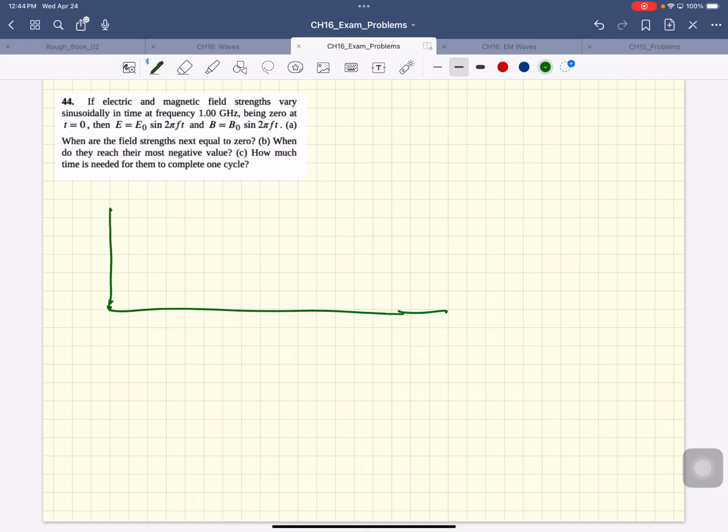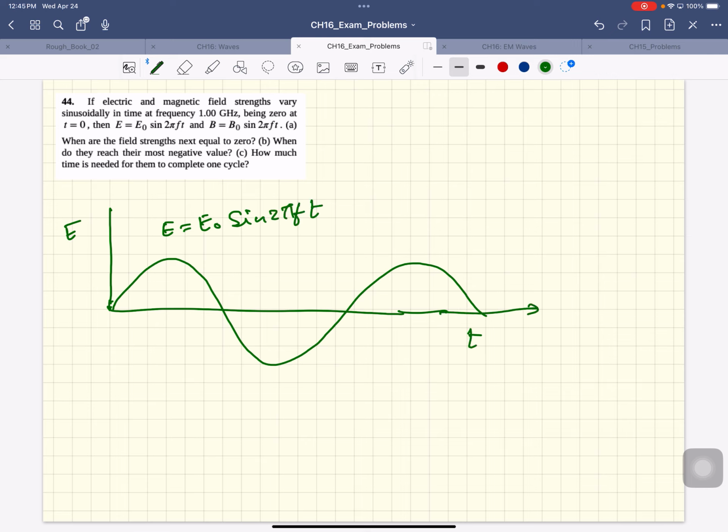Okay, so you guys have drawn sine functions. This is the electric field, given by this, this is T. The frequency is a gigahertz. That is 1 period.